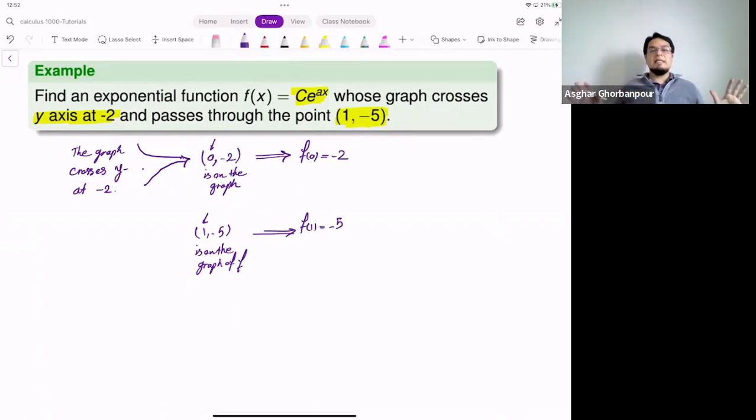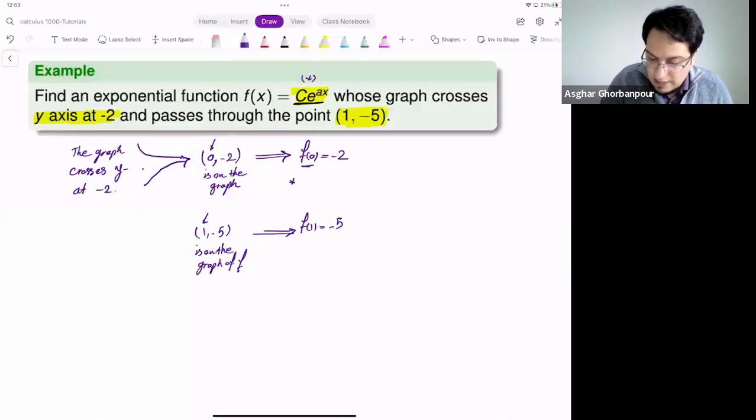So these are the given information, but I know some more information here. The function has this format, which means I can calculate f at 0. Let me denote this by star. f at 0 is c e to the power a times 0.